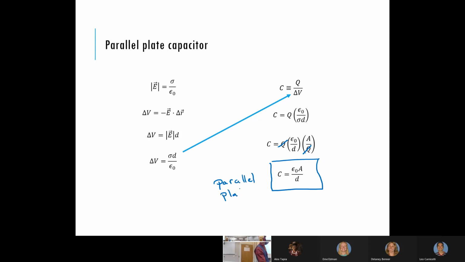Part of the reason for that is we started off with this expression being the electric field for a parallel plate capacitor. So at the end of the day, this only applies to a parallel plate capacitor. So, for example, you want to make your own capacitor.